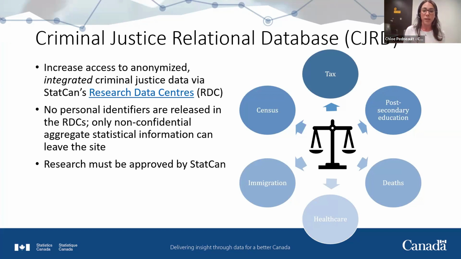These forming the core of the database can then be integrated with other data, including tax data, post-secondary education data, data on vital statistics pertaining to death, healthcare, hospitalization data, immigration data, and census data. Some of these data are still outstanding, and we're still working on putting them into the RDCs. But essentially, this is the vision. This is what it's meant to look like. So you can go to the next slide.